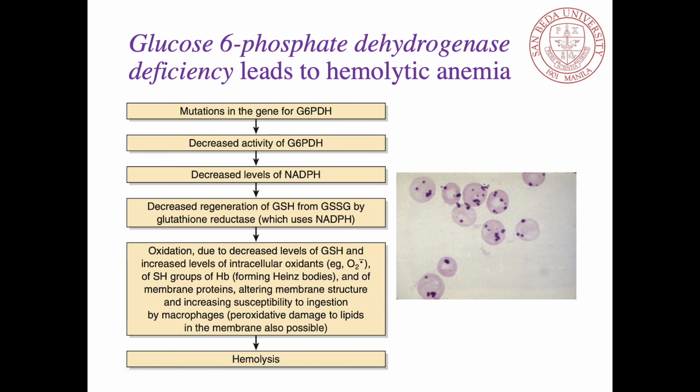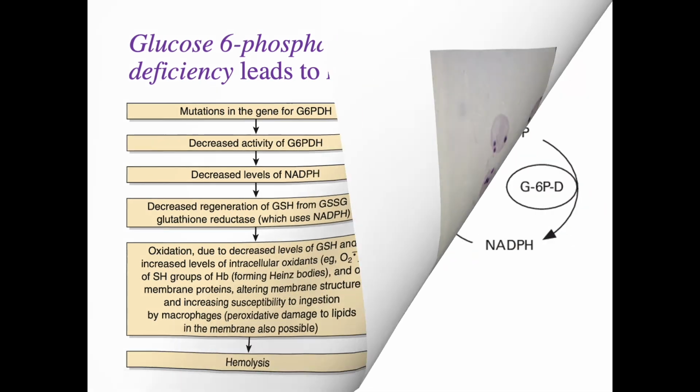Due to decreased levels of reduced glutathione, the oxidative stress results in the formation of Heinz bodies, which are actually composed of denatured hemoglobin. Their formation likewise alters the membrane structure of the affected RBCs, making them susceptible to ingestion by macrophages in the spleen, thus leading to hemolysis and hemolytic anemia.